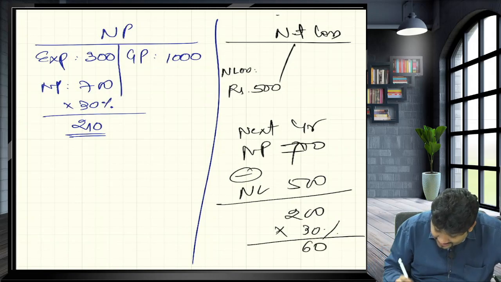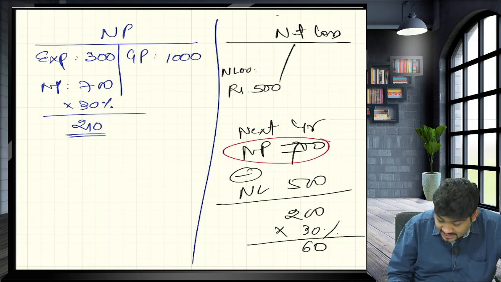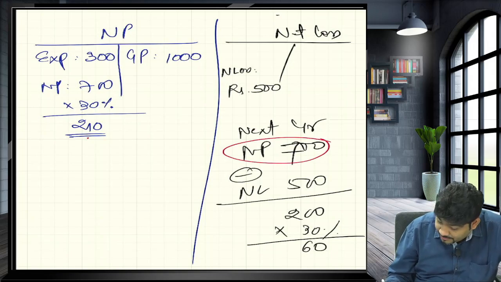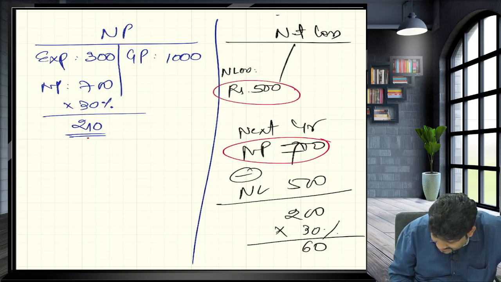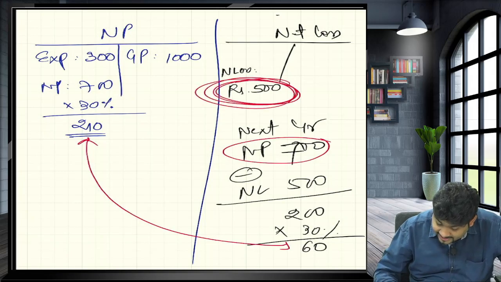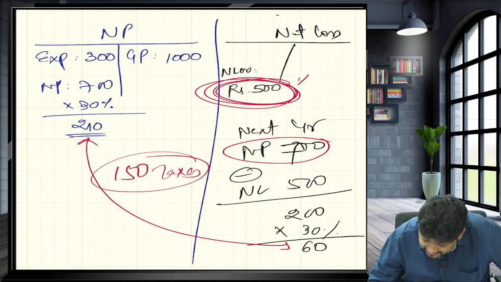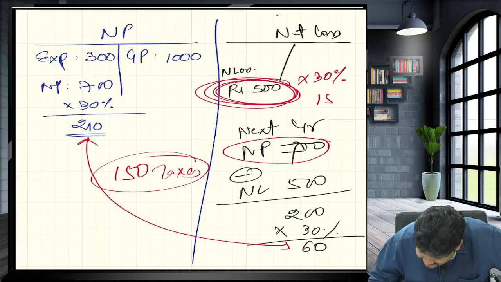See, are you understanding? If I had to pay tax directly on the 700 net profit, I would have paid 210. But now because I had a loss of 500, I am paying only 60. So how much have I saved because of this loss of 500? Can I say 150 tax I have saved, which is basically 500 into your tax rate of 30%, which is 150.